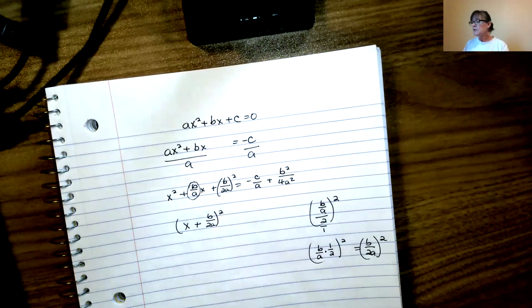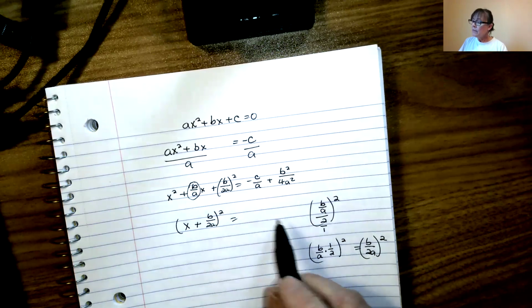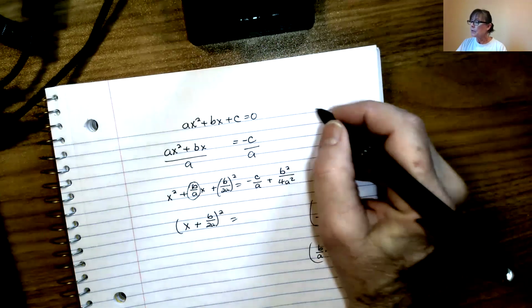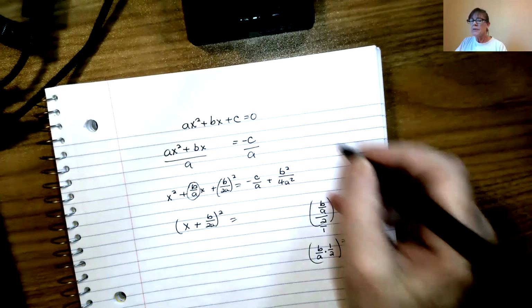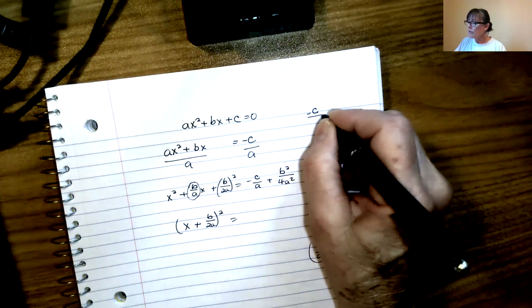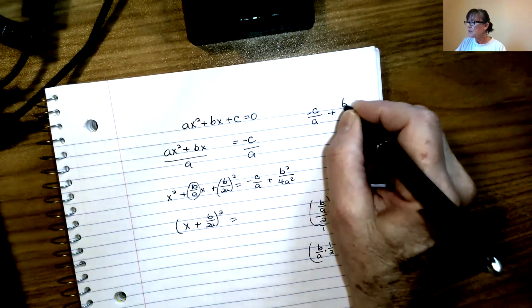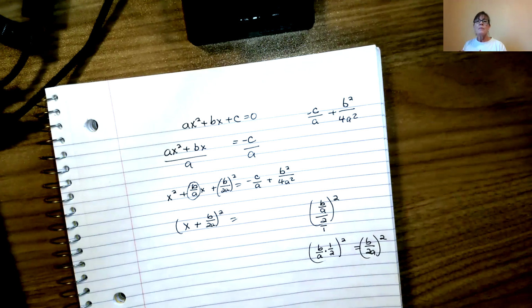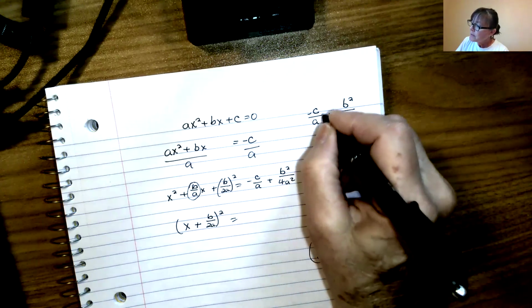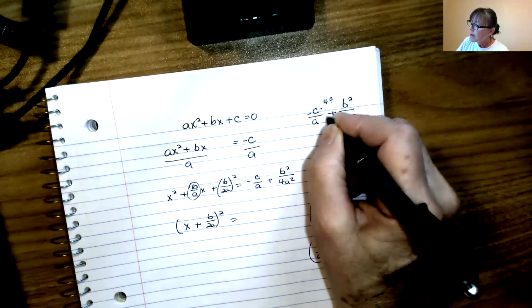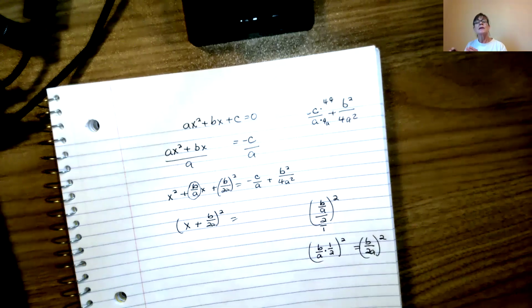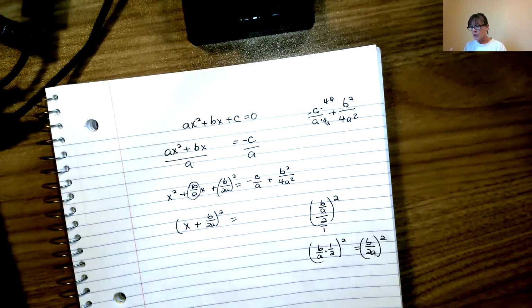On the right, we have some addition to do. We need to find a common denominator. Here's my fraction work. I have negative c over a plus b squared over 4a squared. The common denominator is going to be 4a squared. So I have to multiply this side by 4a in the numerator and the denominator, because that's really multiplying by 1, and that's legal.